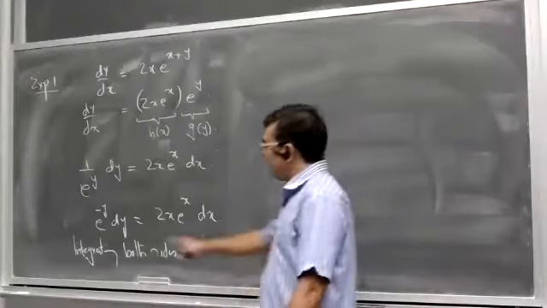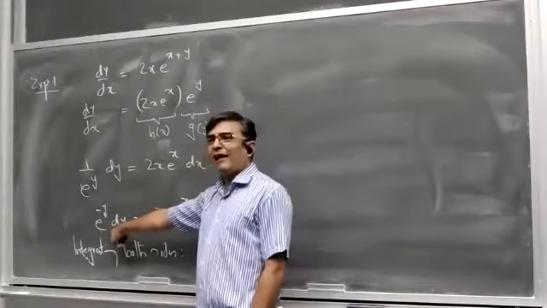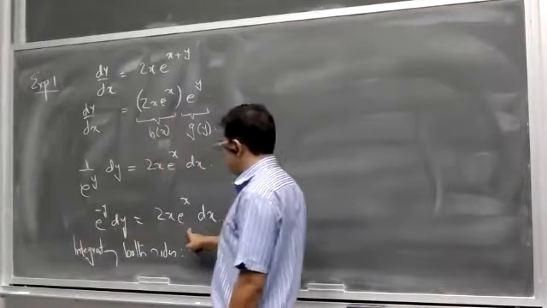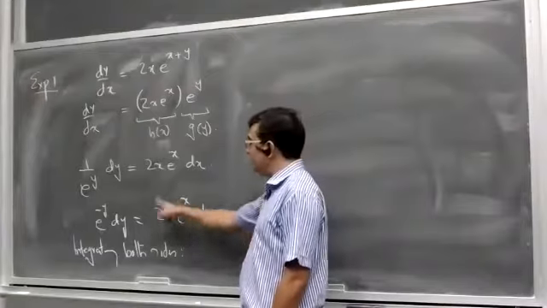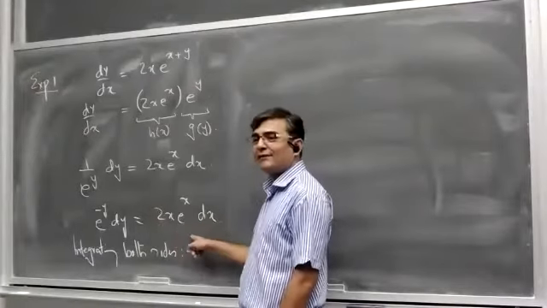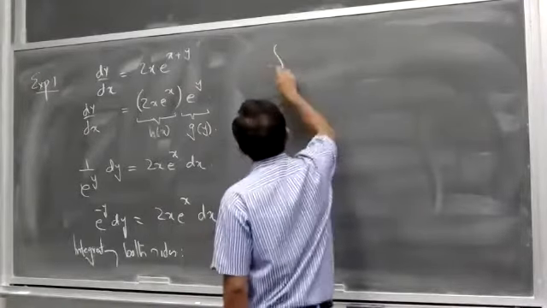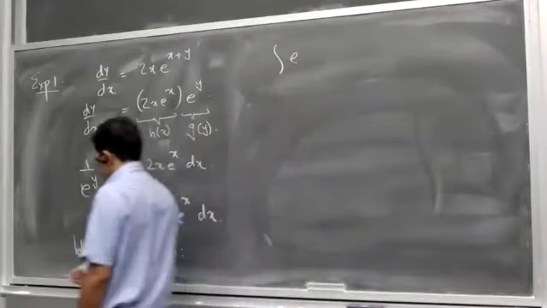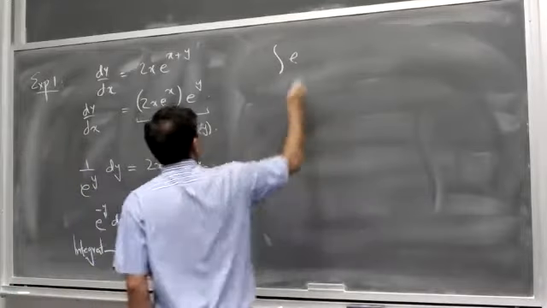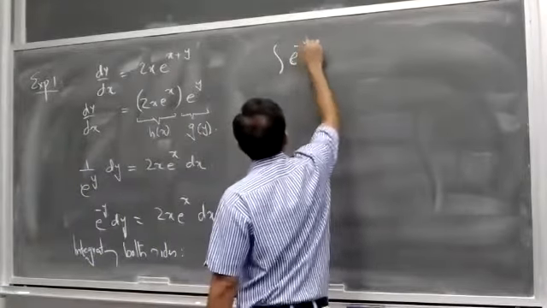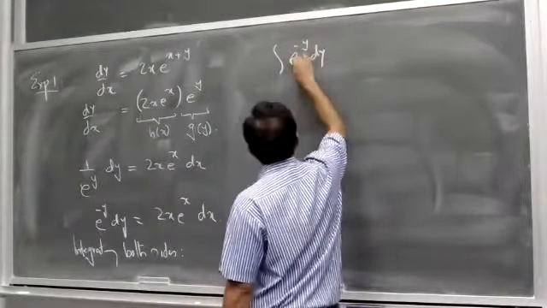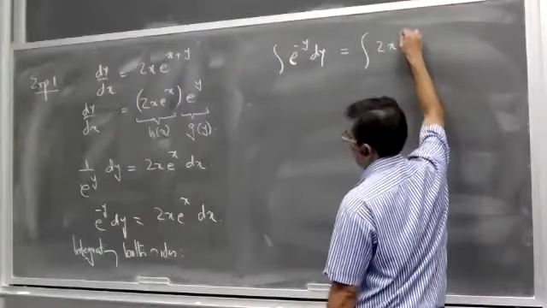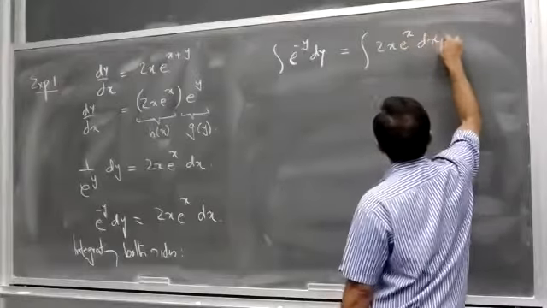On this side you have dy, so you have to integrate this with respect to y. And on this side, you have dx, so you have to integrate this with respect to x. So we write here e raised to the power negative y dy is equal to 2x e raised to the power x dx.